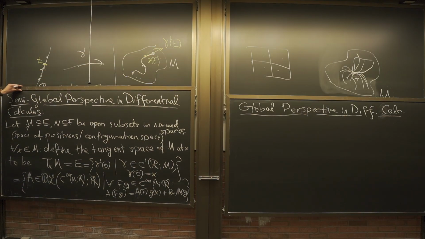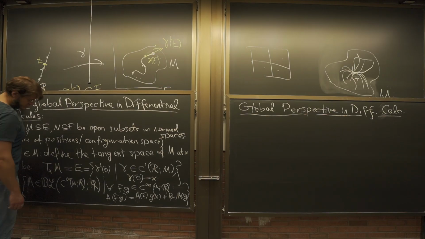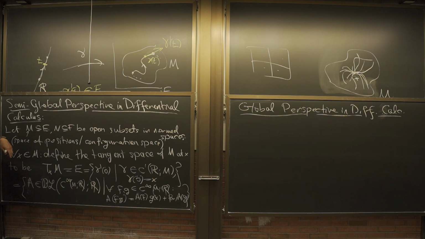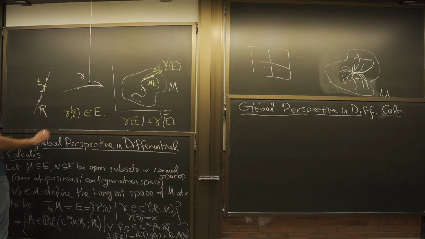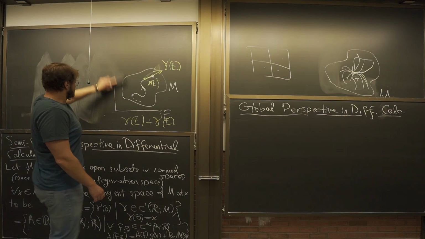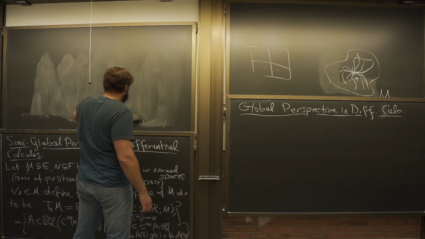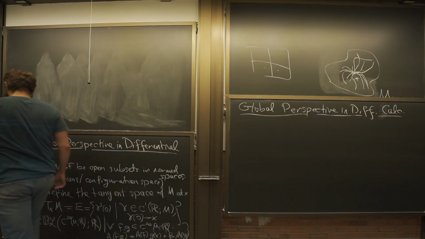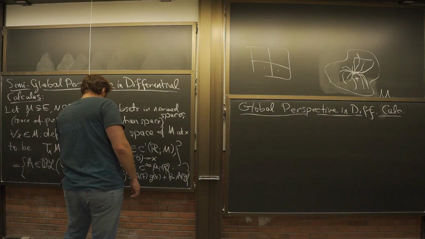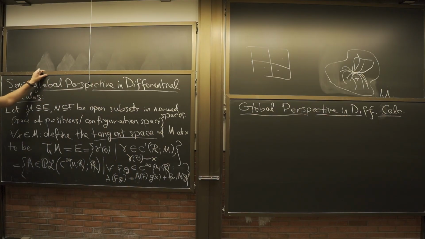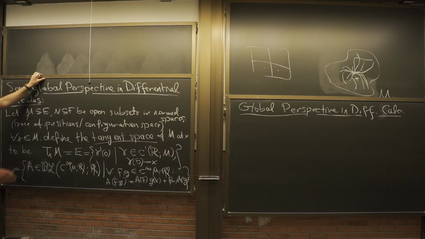And now I'm going to define the tangent bundle. The tangent bundle is going to be nothing but all of these put together. At each point in M, I'm going to have one tangent space, and I'm going to put them together. This was a definition of a tangent space. It's a vector space, a normed space in fact.